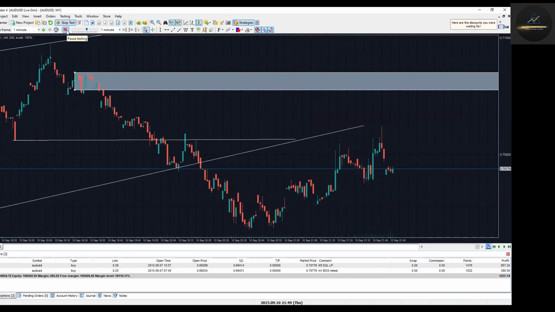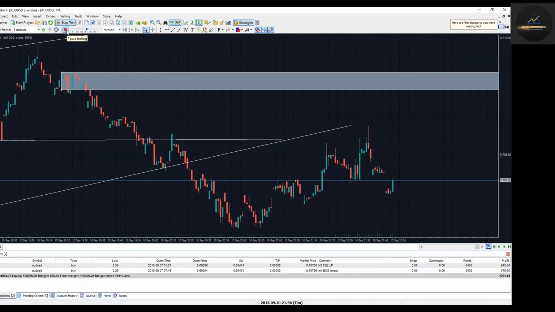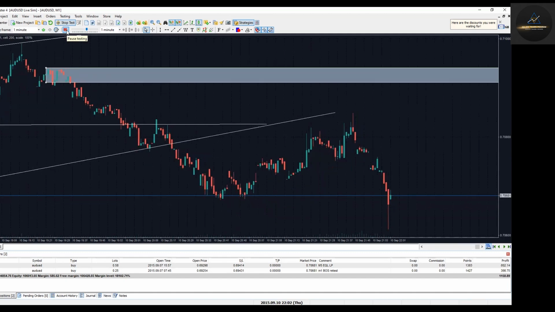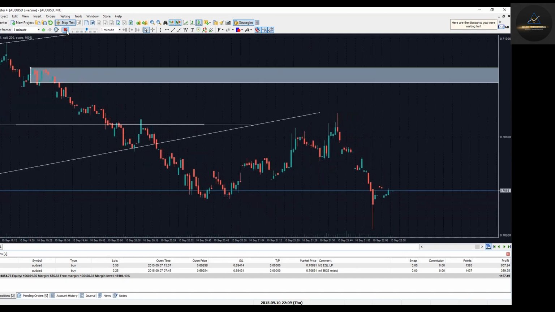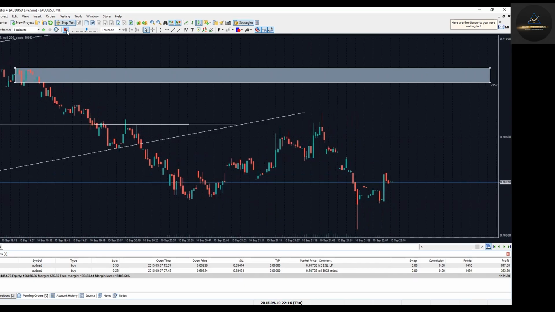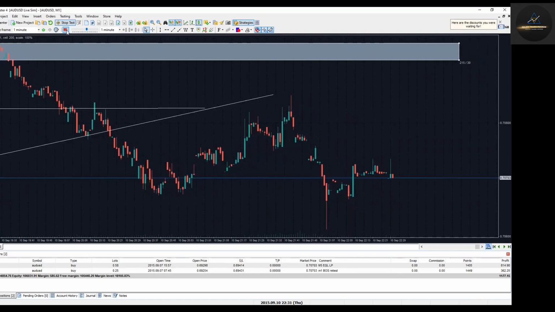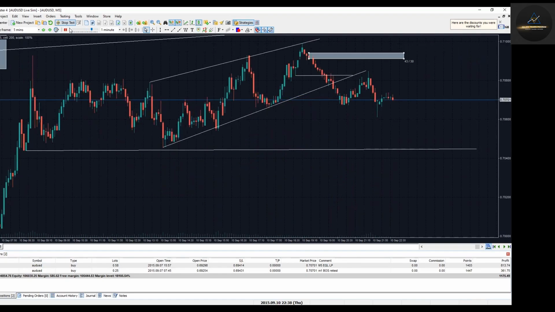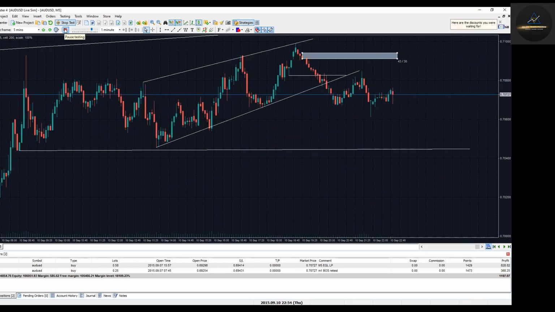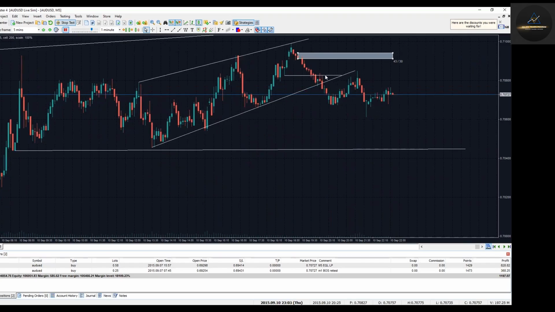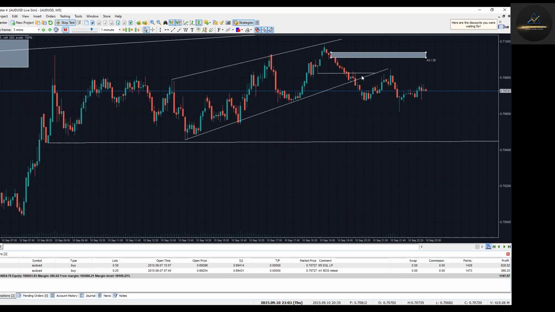So we're coming up once again to the New York close, which is not ideal. So let's zoom out 5 minutes, speed it up. Got some equal highs. So I might actually set a limit order to catch this move. So to slow it down.